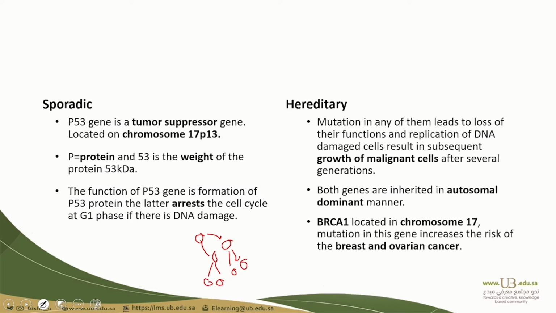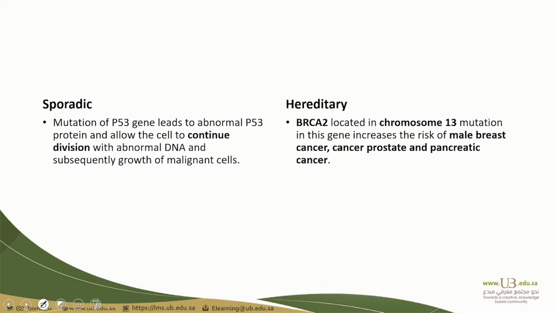So the P53 protein will arrest the cell with any DNA damage. The mutation of the P53 gene leads to abnormal P53 protein and allows the cell to continue division with abnormal DNA and subsequently growth of malignant cells.